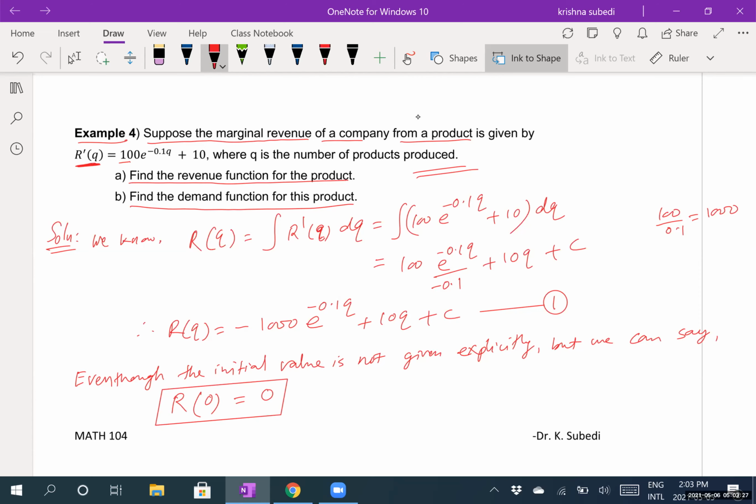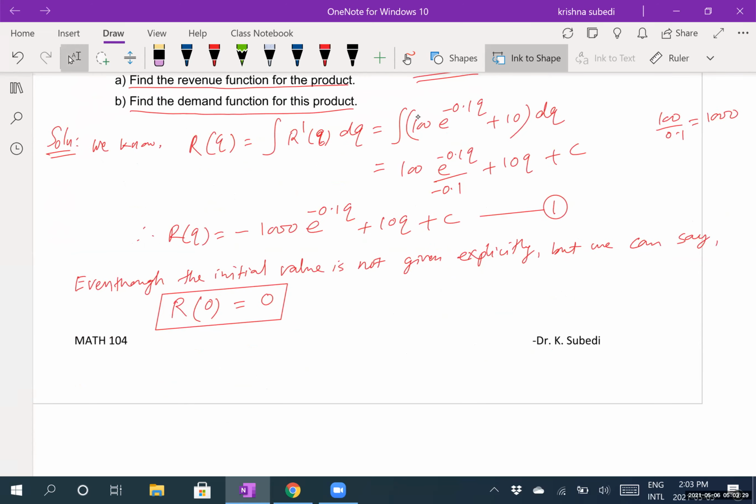We can use it. So if I use this, then substituting this value in 1, we get 0 equals negative 1000 e raised to power negative 0.1 q plus 10 q, where q is 0. Okay, this one is negative 0.1 times 0 plus 10 times 0 plus c.